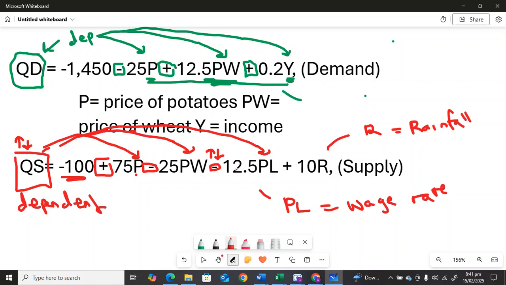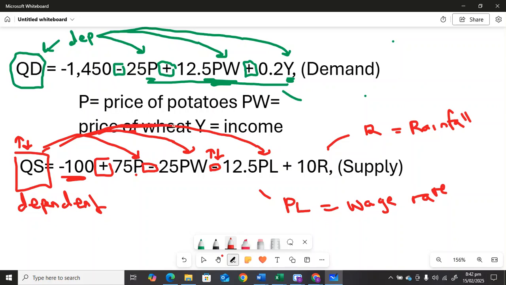So if wage rates rise, the quantity supplied of potatoes is going to go down. Why? Because it's now expensive to have workers to harvest and plant the potatoes. So with fewer workers, you plant fewer potatoes and harvest fewer potatoes, theoretically. If the wage rate goes down, it means you can hire more workers. Theoretically, you can plant more potatoes and harvest more potatoes. So quantity supplied will go up.